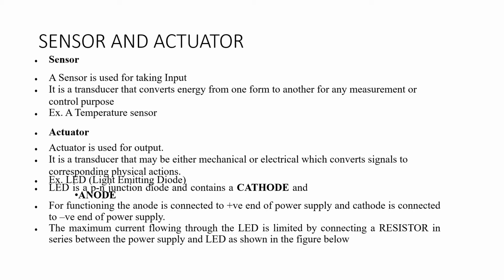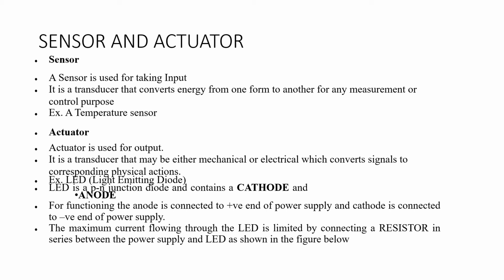We will give the power. That power will be converted into electrical signals, and the light will glow. Our bulb also same. So when you switch on the light, the electrical signal will convert into light energy and it will give some physical actions.